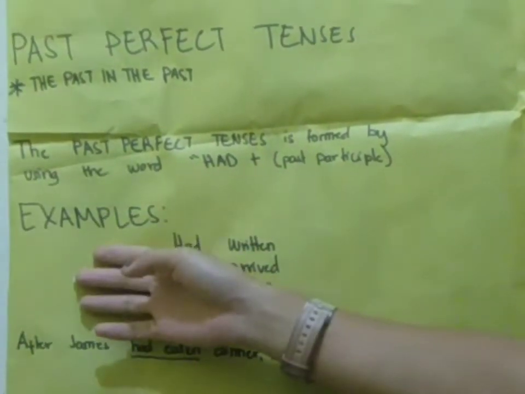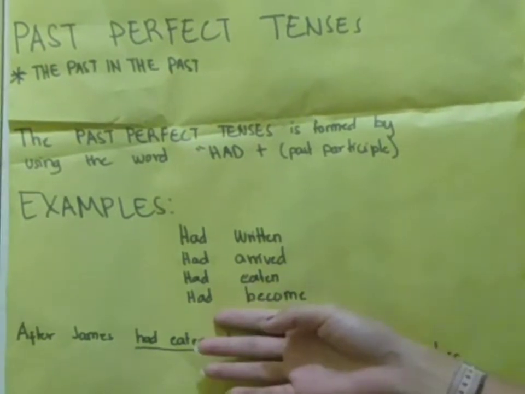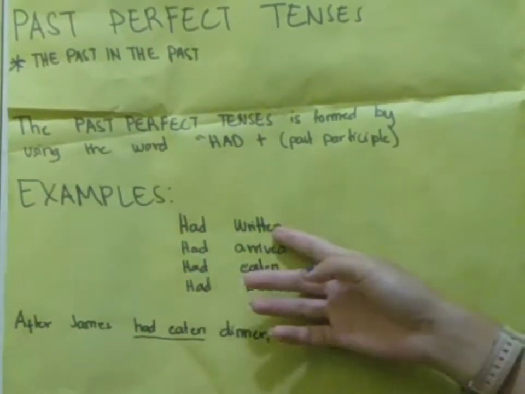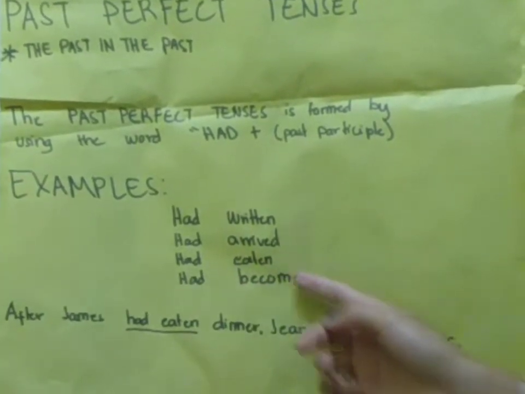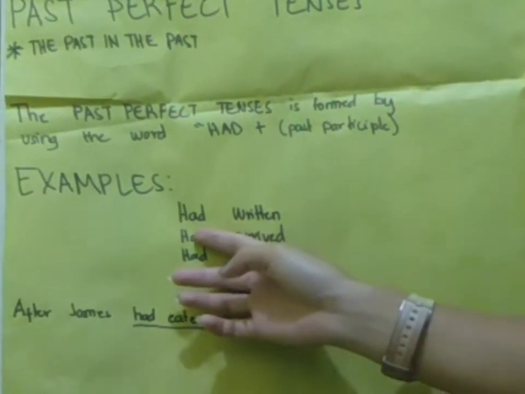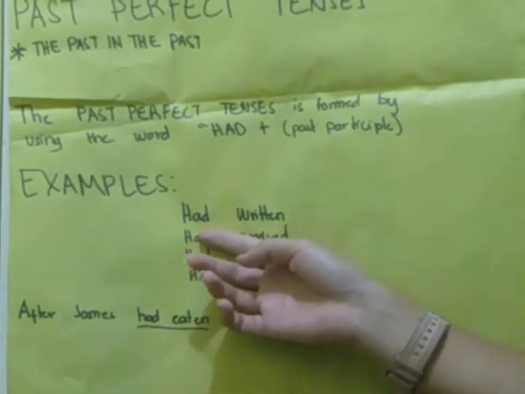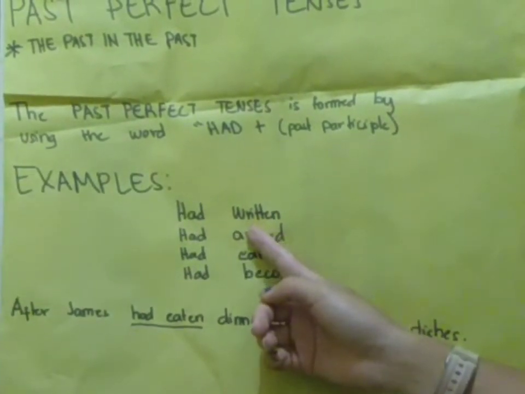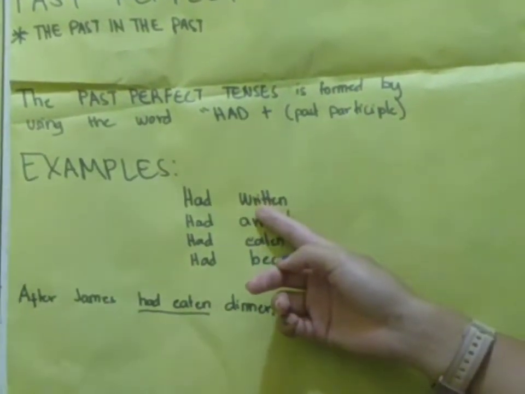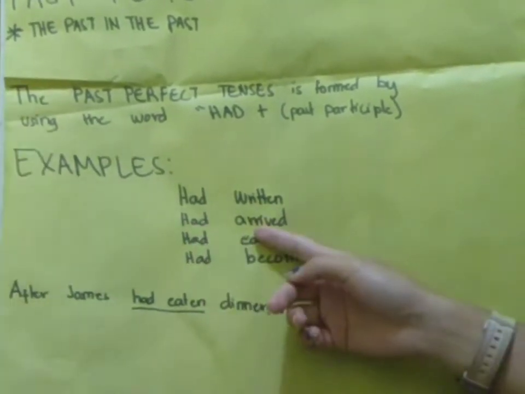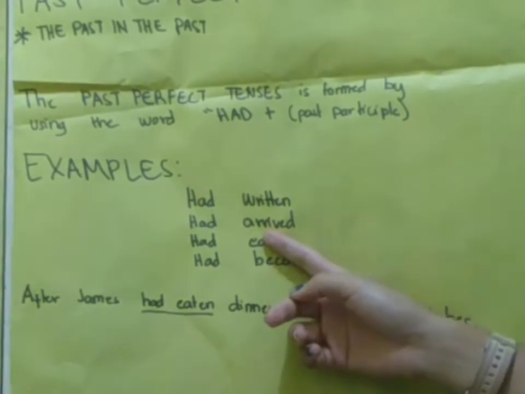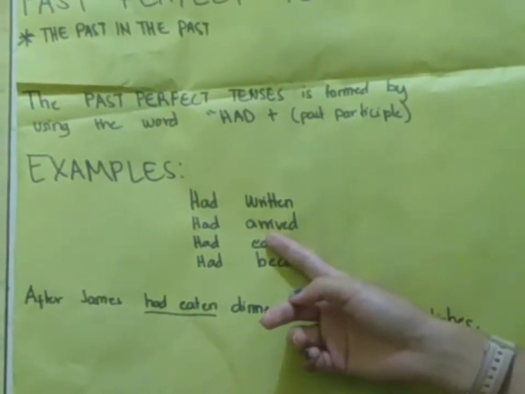So let's take a look at these examples. First: had written, had arrived, had eaten, had become. In the first example, we use had written, which is the past participle of write. Number two, we use had arrived, and the past participle of arrive is also arrived.